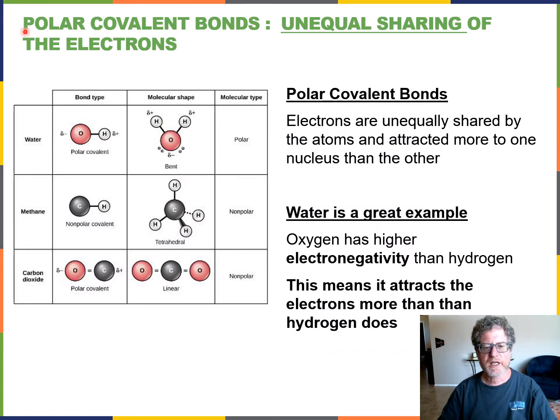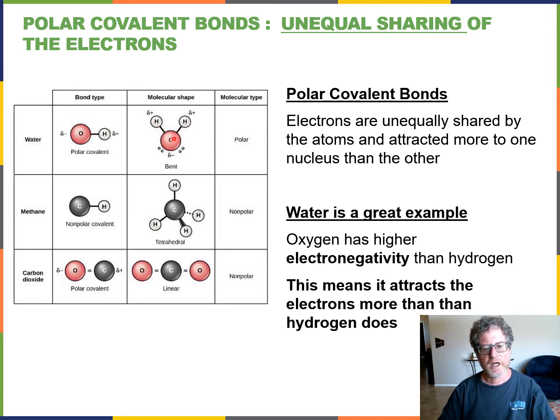I want to talk about polar covalent bonds in the water molecule. They come about because of unequal sharing of the electrons. So everybody knows that water is H2O, and it's formed by covalent bonds with the hydrogen. The electrons arrange themselves so they're as far apart from each other as they can, and it winds up that hydrogen is sticking out from the top at a bit of an angle.